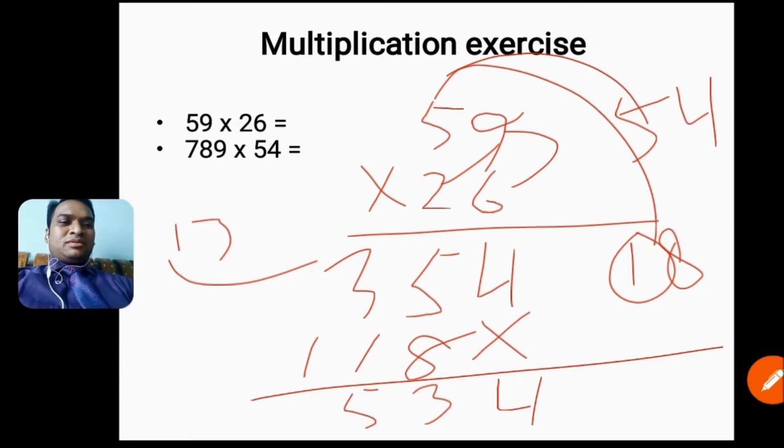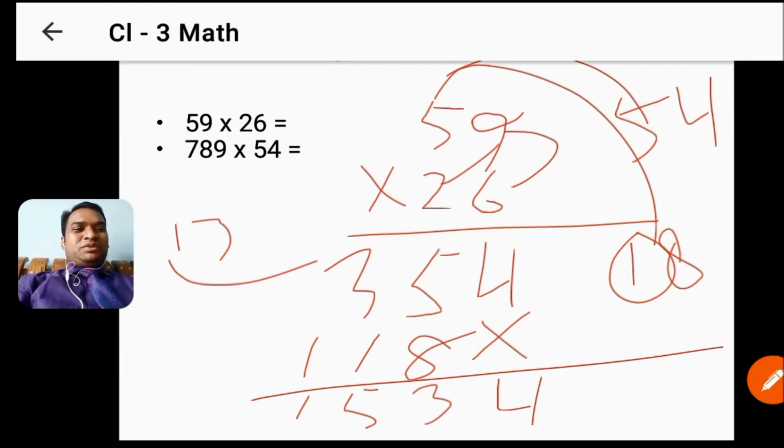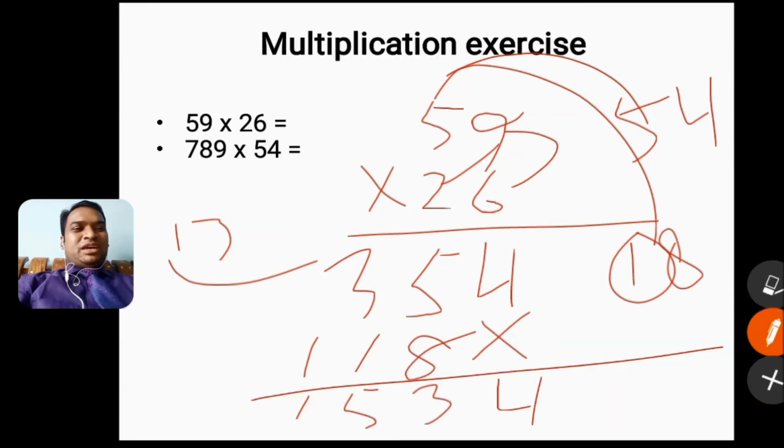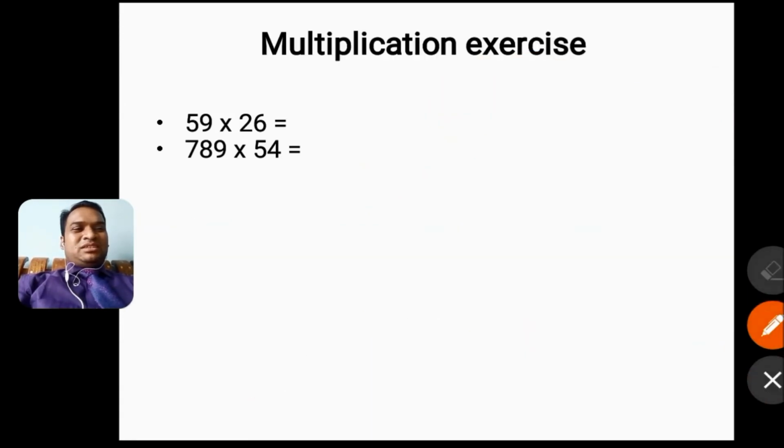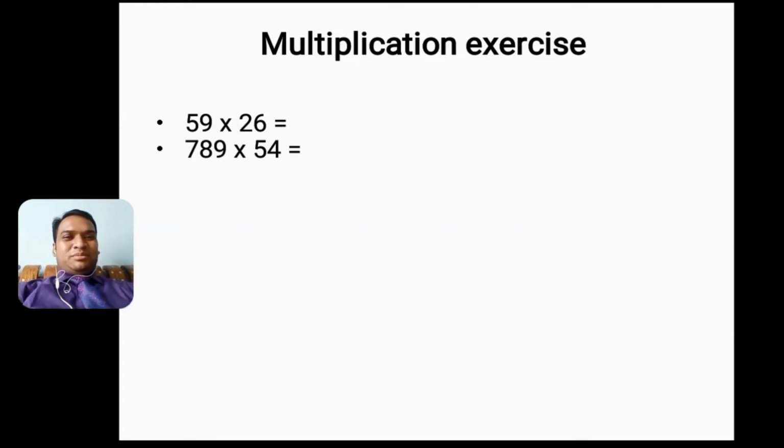So here 5, and this 1 comes down. So in this way we can multiply easily. So we get the answer 1534. I hope you understand, and if you have any problem understanding this, just take help from your parents. I hope they will help you.